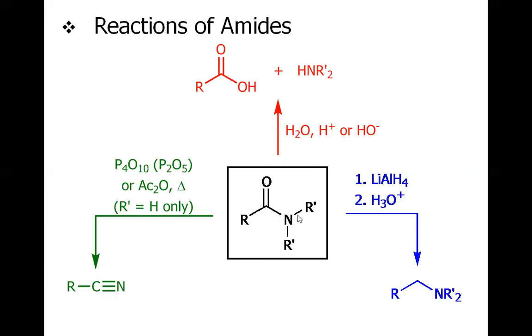And if we dehydrate, we will have the nitrile group formed. This is only possible when we have the primary amide, because this H and this O will give water as a byproduct to have this C triple bond. But if we have some alkyl group here, whether the secondary amide or the tertiary amide, then there will be no dehydration possible.